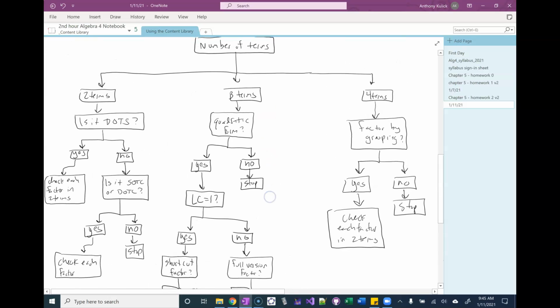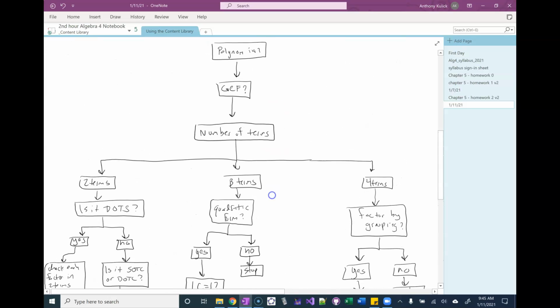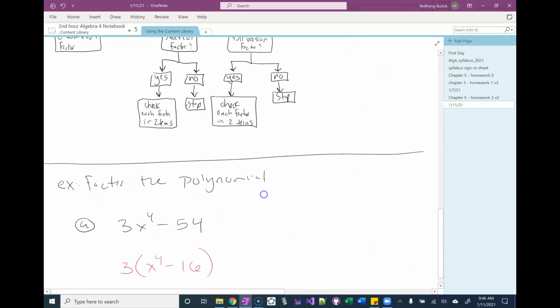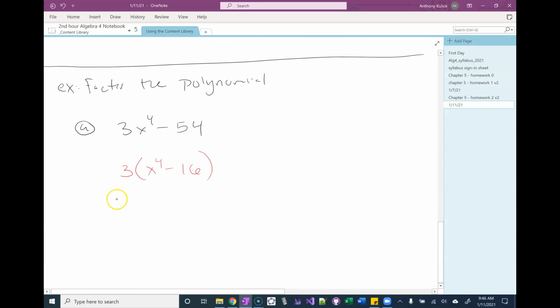So we passed through the greatest common factor. Now we're going to look at the number of terms. In this problem, we have 2 terms, right? We have x to the fourth, and then we have the minus 16. So is that a difference of 2 squares? Yes, right?